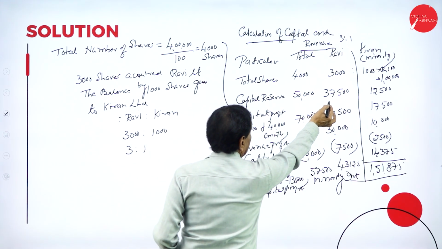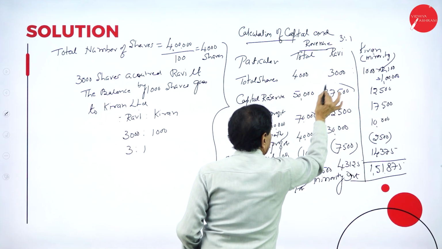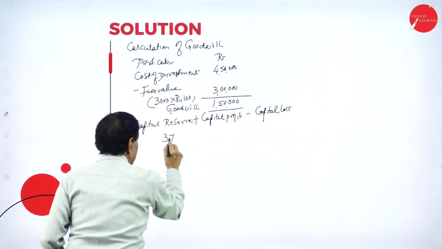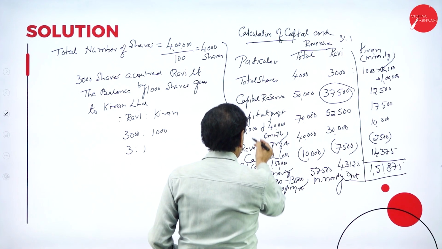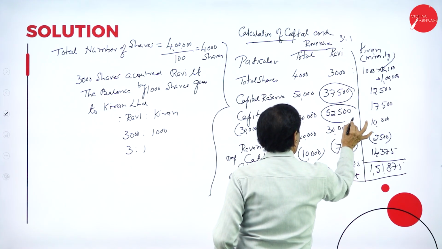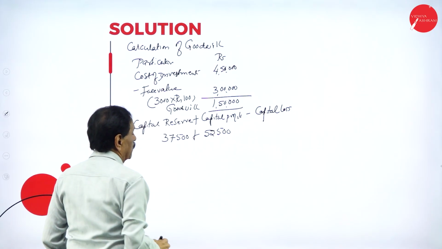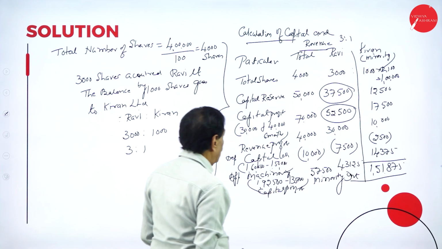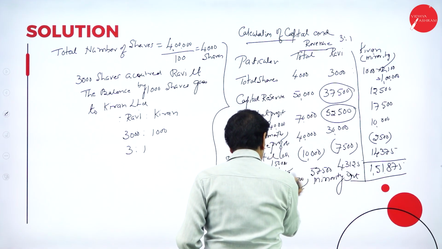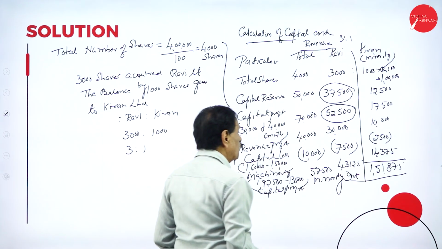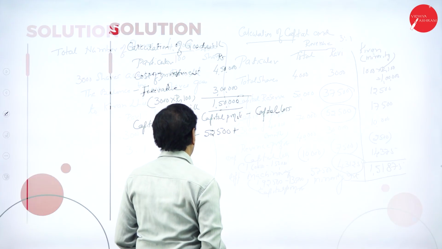What's your capital reserve of this, Ravi? The 12,500 goes to minority. Leave it off, you take only Ravi: 37,500. Come back to capital profit. Here, capital profit is how much? 52,500. Plus another capital profit here, machinery appreciation. Machinery capital profit is how much? Totally 57,500. How much goes to him? 43,125.